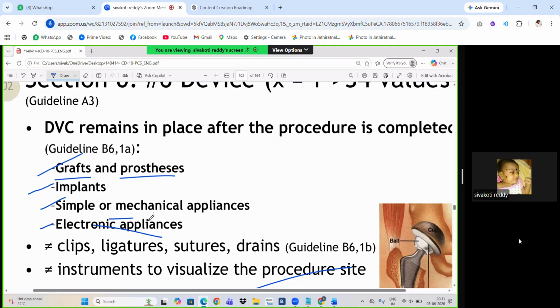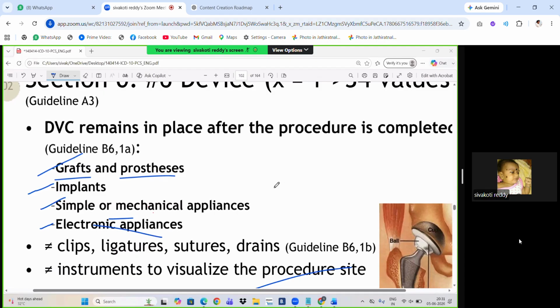So remember, for every procedure we don't get a device. Suppose they want to remove any body part, is it necessary to place a device? No, not required. Whenever they place a device, we need to go with the device. Otherwise, you will get the no device option while selecting the code.